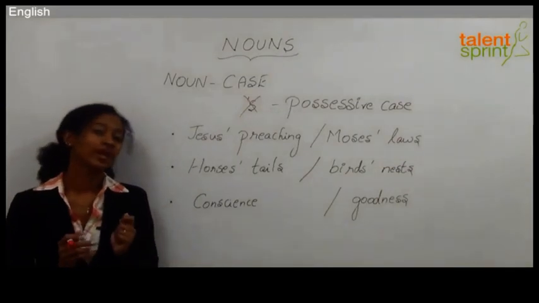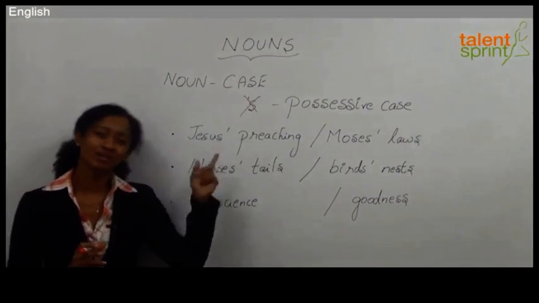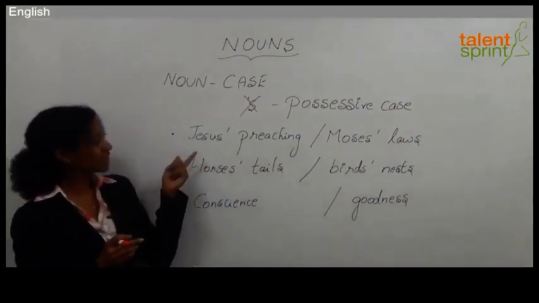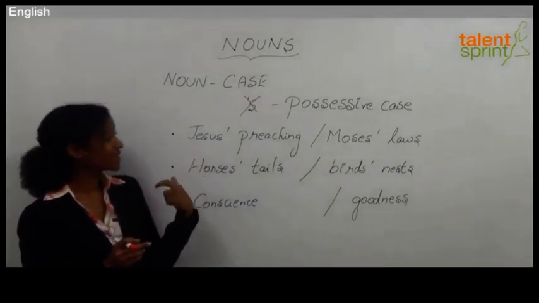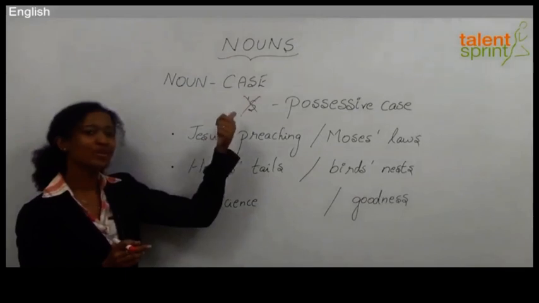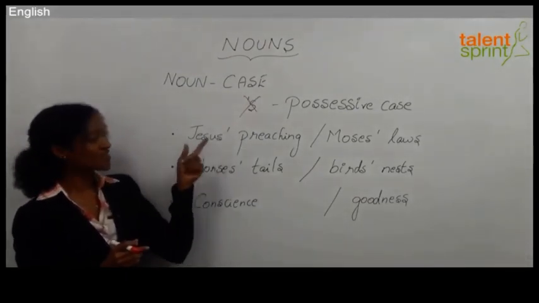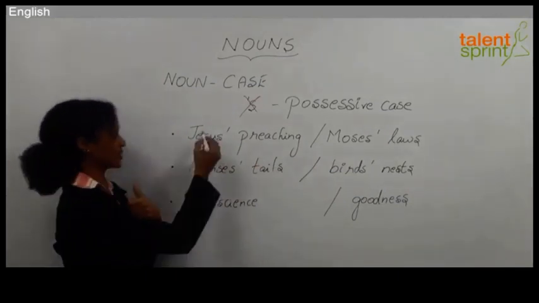Let's take a look at some of the instances where the genitive sign is omitted in the possessive case. The first one: whenever a singular noun's last syllable begins and ends with S, then I don't need the genitive sign to follow. If you take a look at this, Jesus' preaching. Here, Jesus, 2 syllables, right?